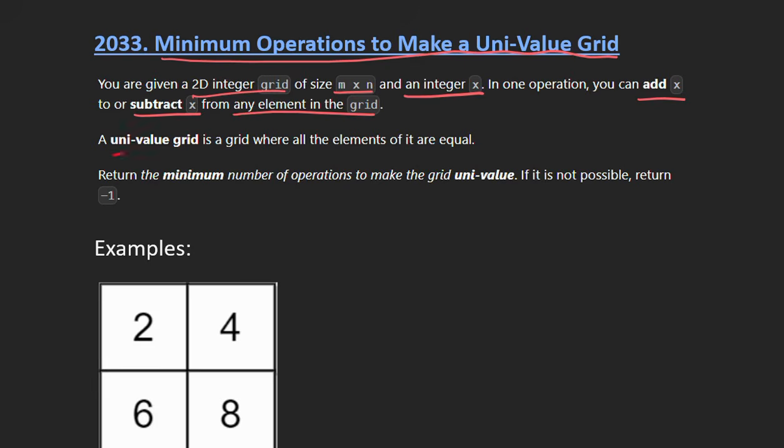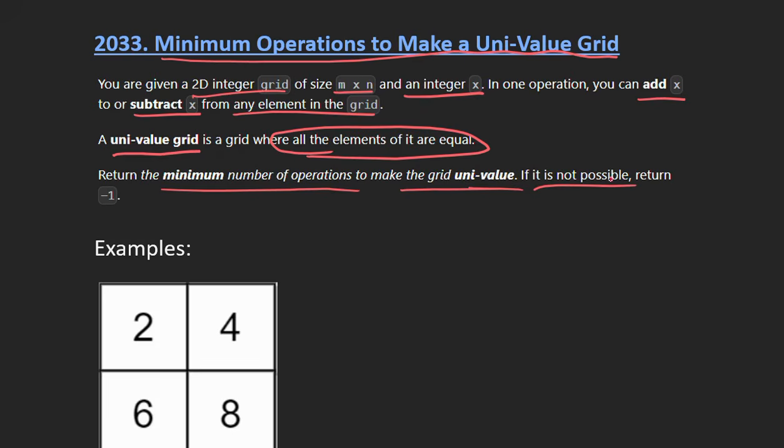A uni-value grid is a grid where all the elements are equal. We have to return the minimum number of operations required to make the grid uni-value, and if it is not possible then we have to return -1, right?